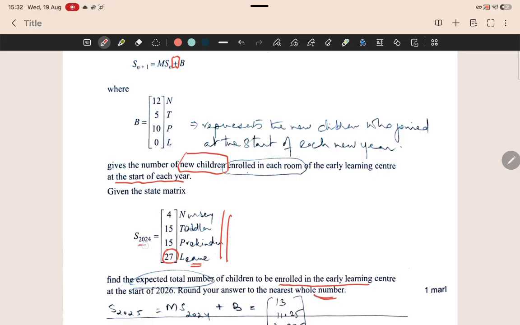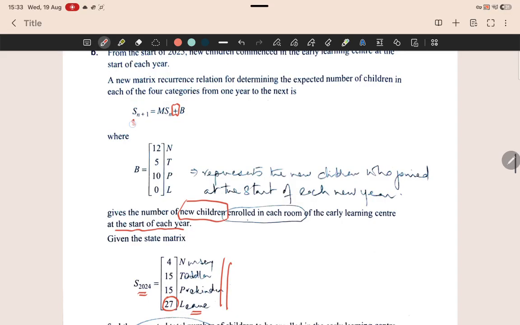Now S2024 has been given, and they're asking you S2026, which means 2 calculations are required. So looking at this, S2025 is a transition on S2024 plus B, and then S2026 is another transition on S2025 plus B.